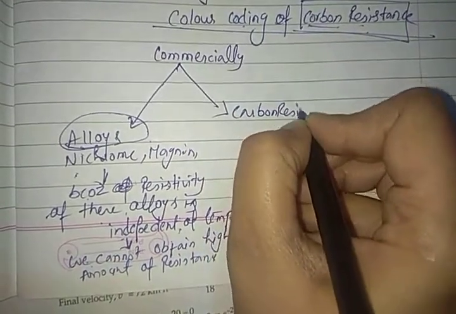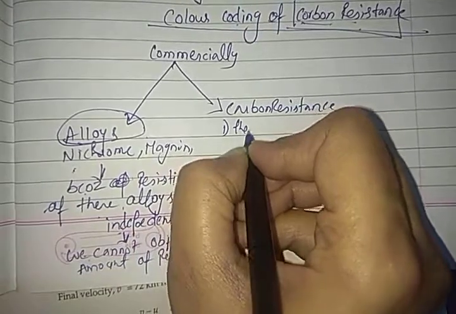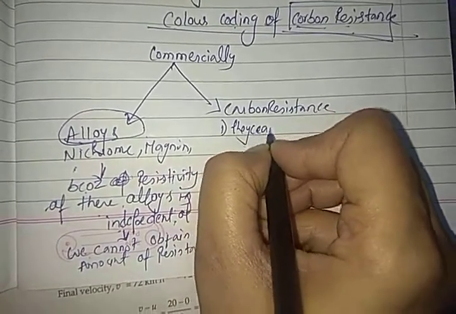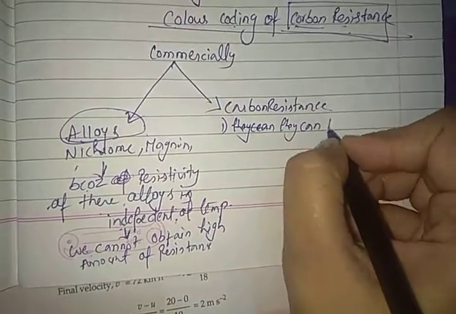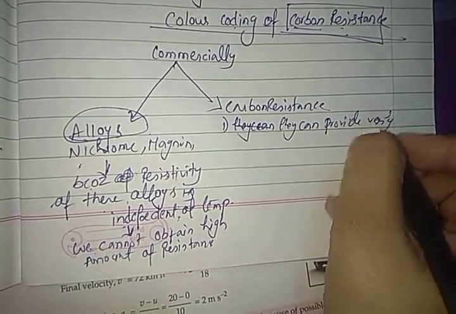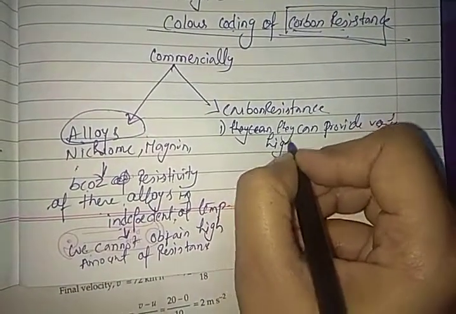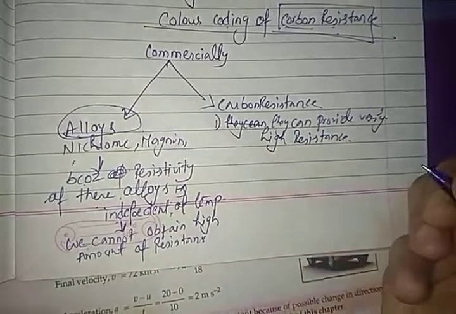You must have seen the carbon resistance. They are very small in size. So what are the properties of these resistances? They can provide very high resistance, the amount of resistance which is used in our different instruments.